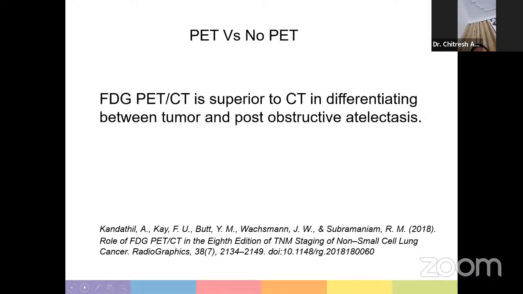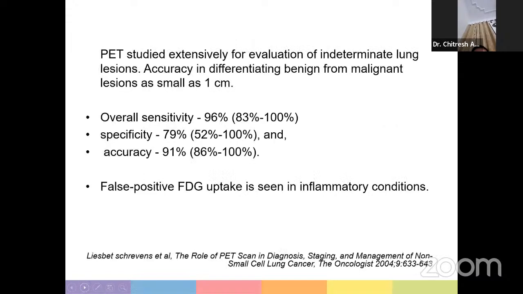So FDG PET CT is superior to CT, this we all know, in differentiating between tumor and post-obstructive atelectasis. PET has been studied extensively for evaluation of indeterminate lung lesions. Its accuracy in differentiating benign from malignant lesions holds for lesions as small as 1 centimeter.